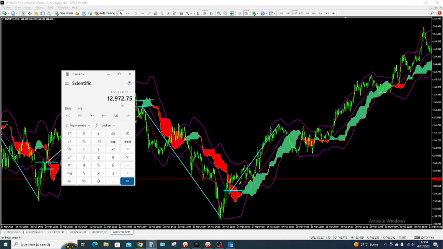It gives us 12,972 plus the total money we have now, which is 28,914. Wow, $1,000 has given us 41,886. This is huge. This is good.